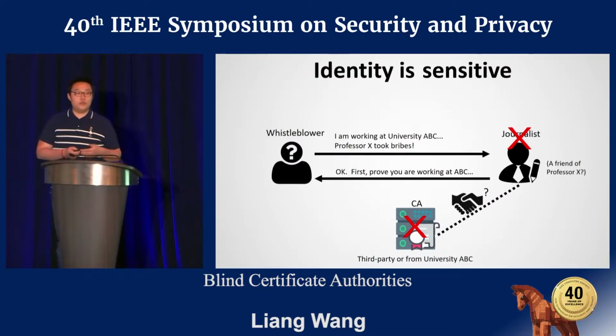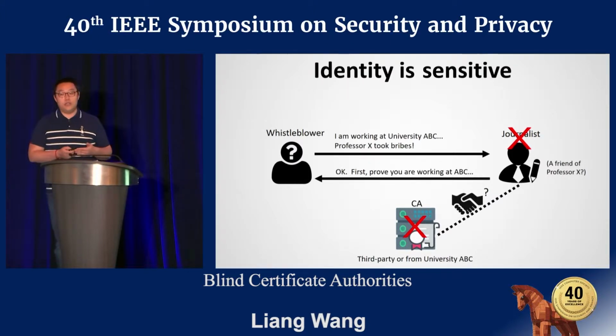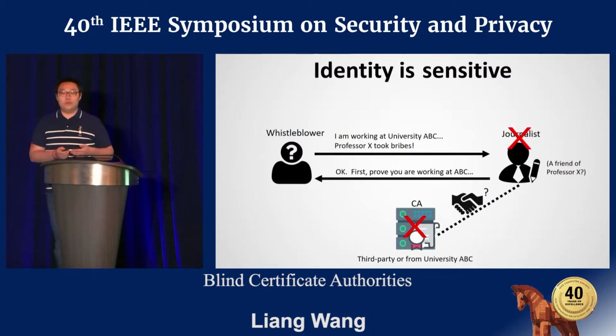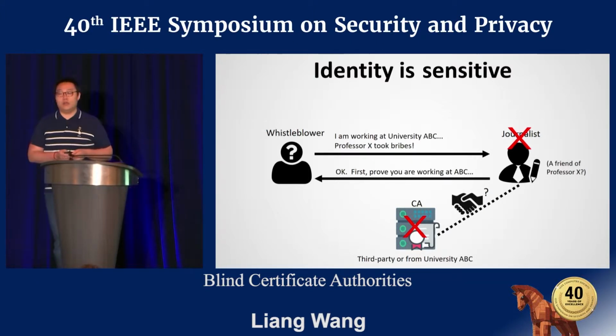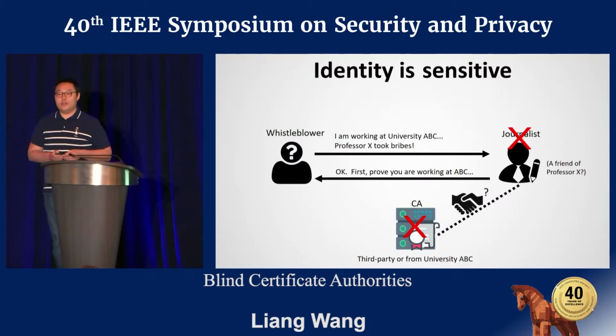And if they are using some kind of anonymous credential system, the whistleblower also needs to confirm that the CA is trustworthy. And actually, some systems require the CA to be set up by the organization of the whistleblower, which is impossible. So revealing true identity to any party could be risky.